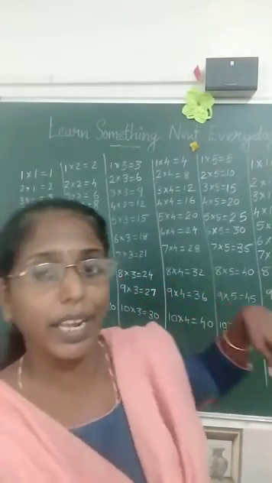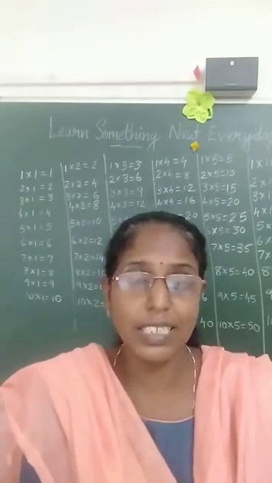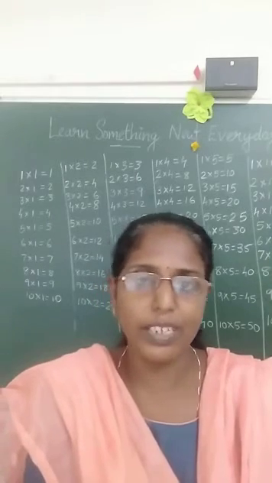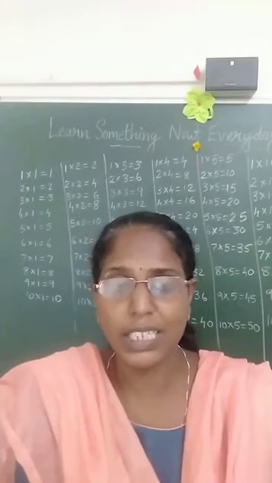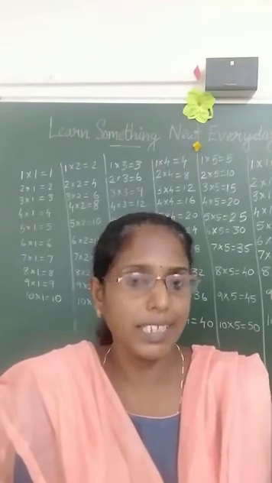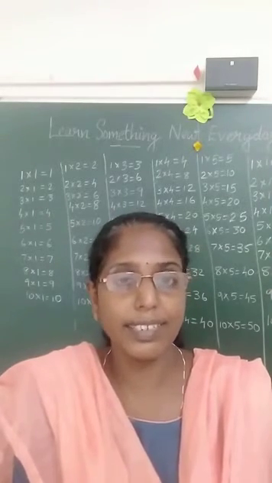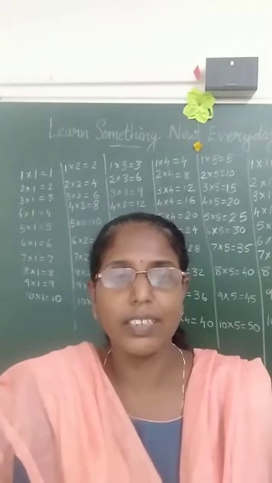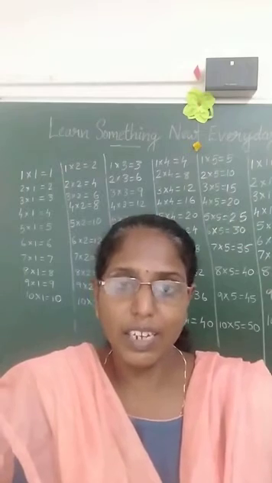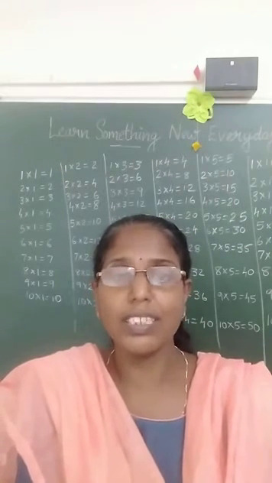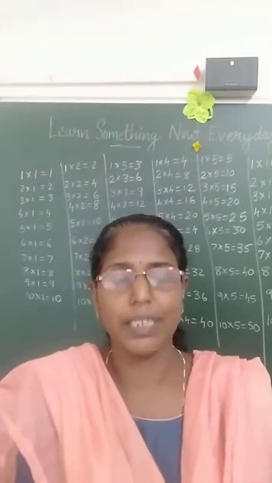When we multiply a number with 3, the answer comes as odd, even, odd, even, odd, even, like this. First it comes 3, which is odd. Next it comes 6, which is even. And after 6, 3 3s are 9, odd. Then 4 3s are 12, even. So odd, even, odd, even. In this order, in the multiplication table of 3, the answer is coming.